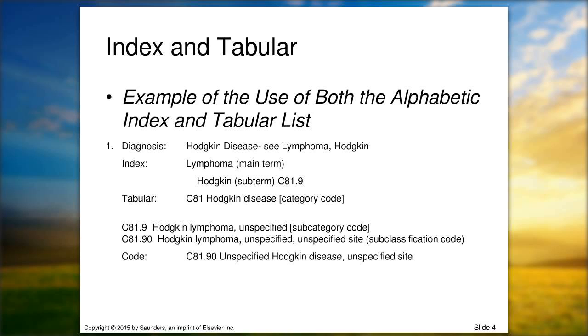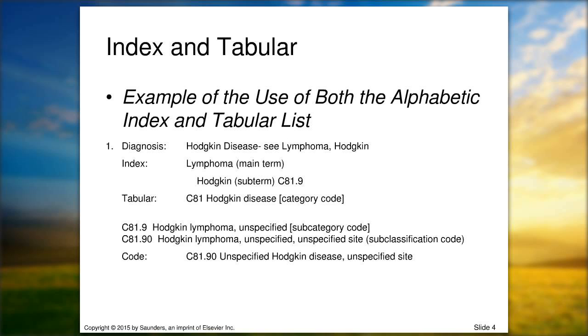Hodgkin lymphoma, or Hodgkin disease, in this example that we're using, took us to C81.9 on page 184, right-hand column, bottom of the column. Hodgkin lymphoma, unspecified. So C81.9 is the subcategory code. C81 is the category.